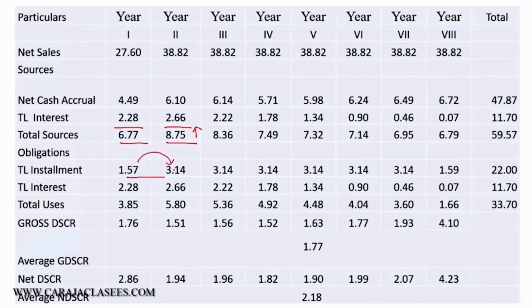It got doubled. Term loan interest also increased. So the increase from source, 8.75 minus 6.77, is only 1.98 crore. But here, if you note the increase, 5.8 minus 3.85, it is 1.95. So there is almost equal increase.